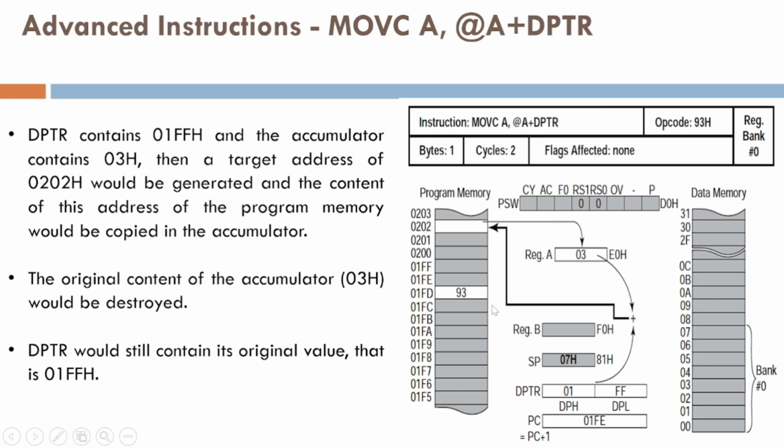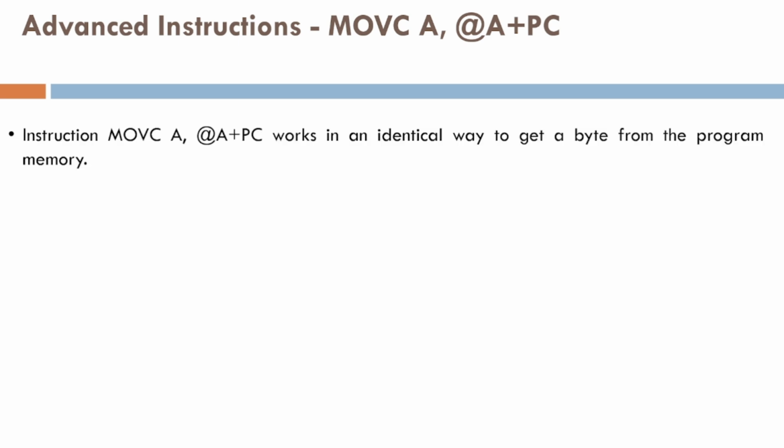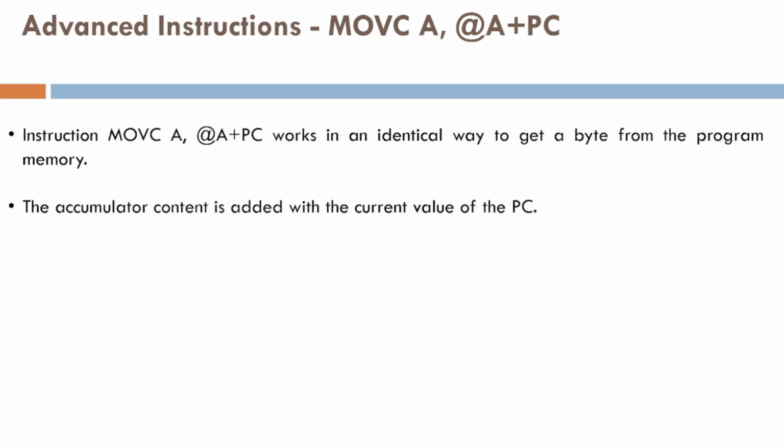Fine. So the next instruction that we are going to see is related to the program counter. Again we'll have to listen to this very carefully. It is in a similar fashion, but the only problem with the program counter is that once the instruction is fetched, it automatically increments to the next instruction.